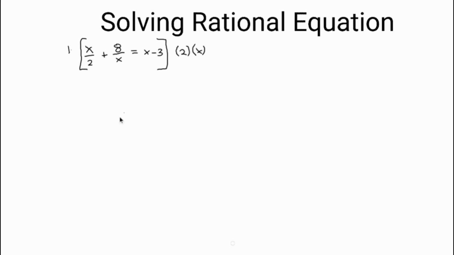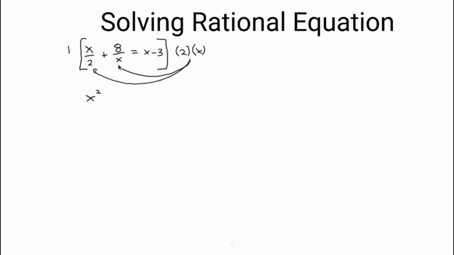So now that we have our LCD, let's multiply it to each rational expression. If we multiply it to our first fraction, we have x over 2 times 2x, and in this case we will cancel 2, so we have x times x, and the answer will be x squared. Next, let's multiply the second fraction.